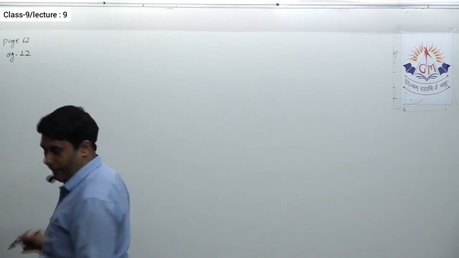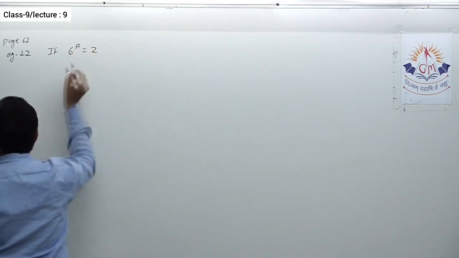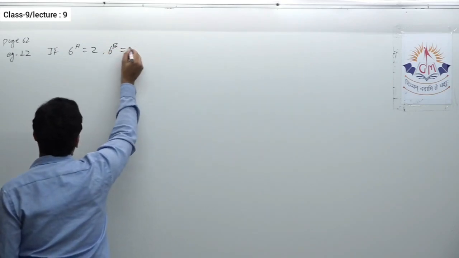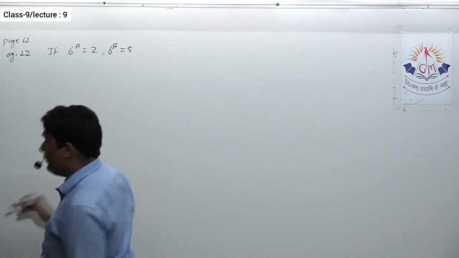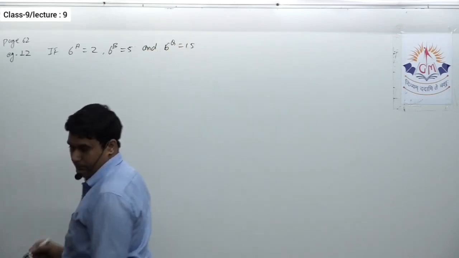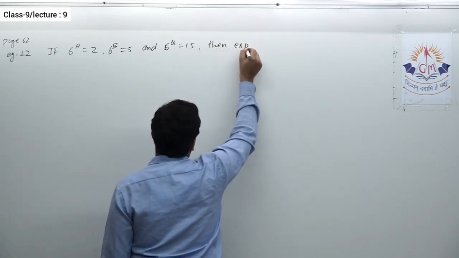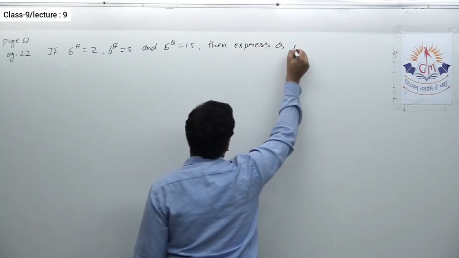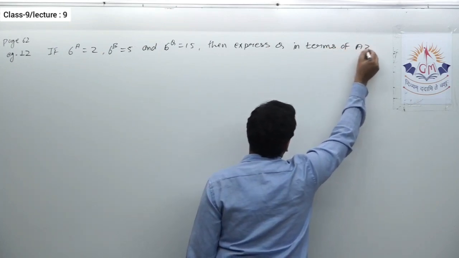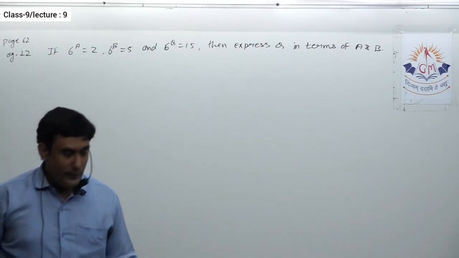It says if 6 raised to a is equal to 2, 6 raised to b is equal to 5, and 6 raised to q is equal to 15, then express q in terms of a and b. Okay, so we have to write or express q in terms of a and b.